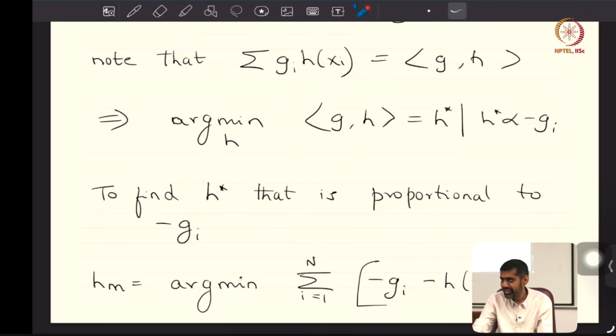So, please give some attention here. Till here we found out that the optimal h that we have to find at the mth iteration is the one that is proportional to the negative of gradient, or rather this proportionality can be equality also, right, equal to the negative of the gradient at every data point. Is this statement clear?